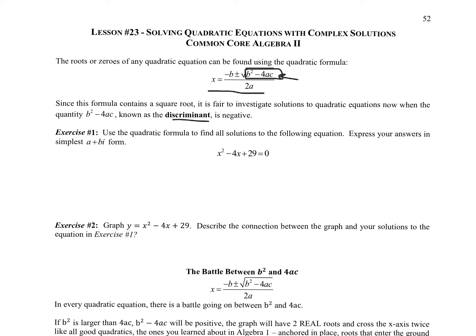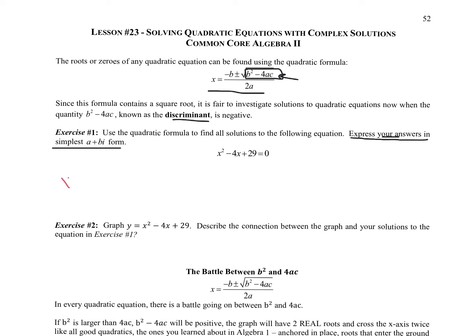So looking at the first one, we have a quadratic x squared minus 4x plus 29, and we're going to find the solutions to the equation. Whenever I see directions like this, they can be confusing because right now nothing about this problem has to do with complex numbers, but that tells me that if I solve this equation with the quadratic formula, I should expect to have complex answers.